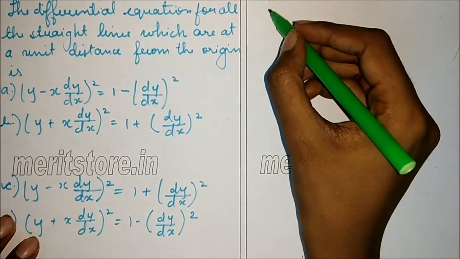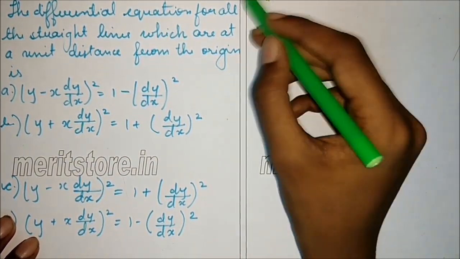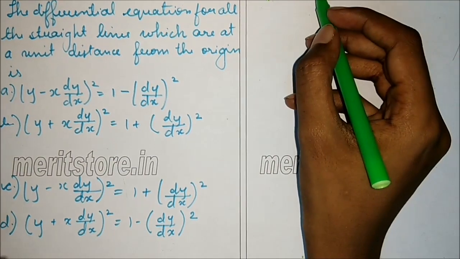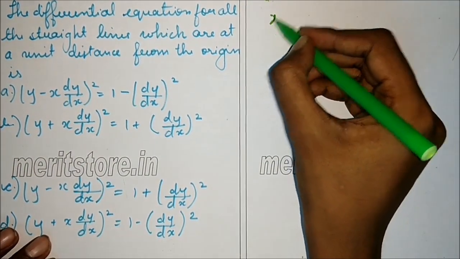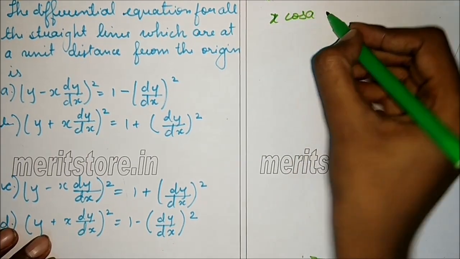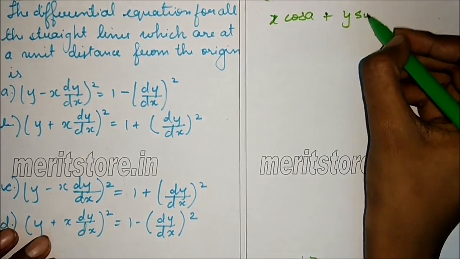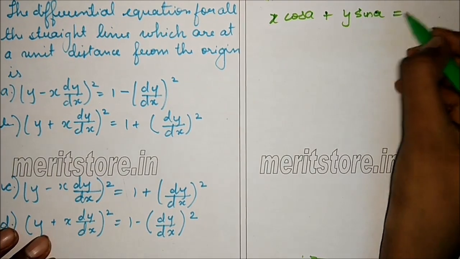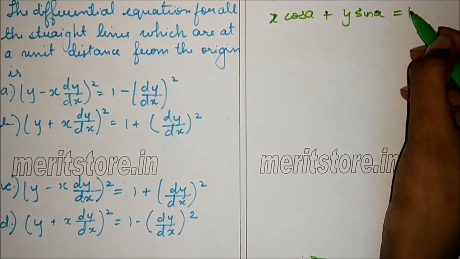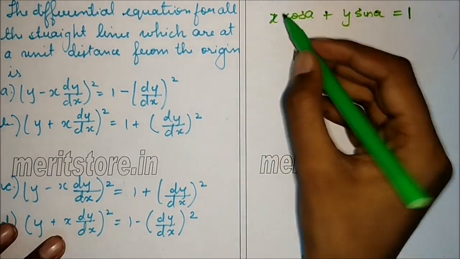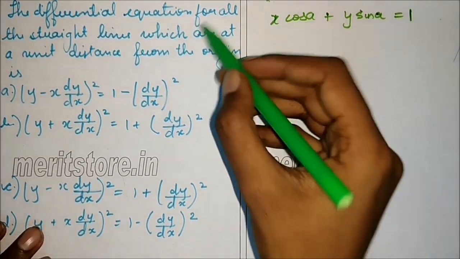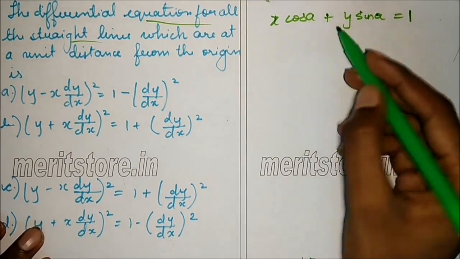The equation of lines whose distance from the origin is unit, that is 1, is given by x cos A plus y sin A equals 1, where 1 is the distance from the origin. So this is the equation which is given.